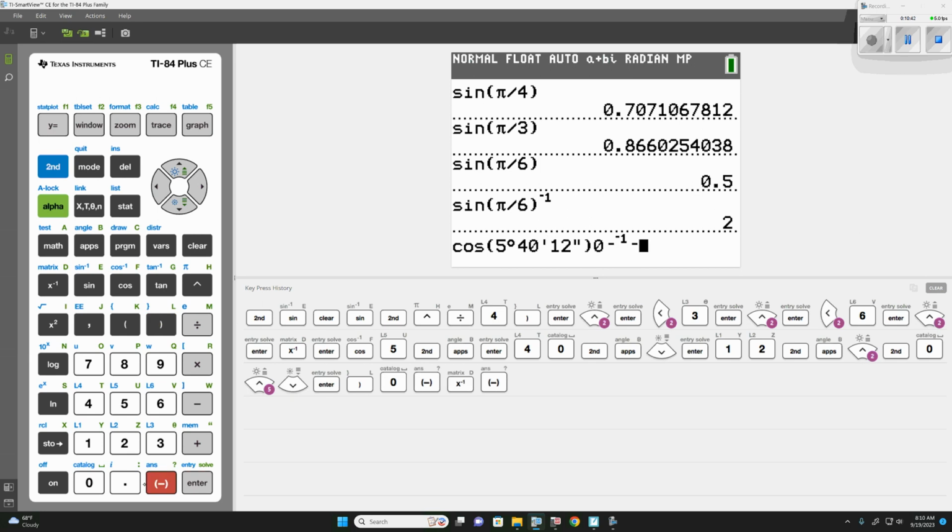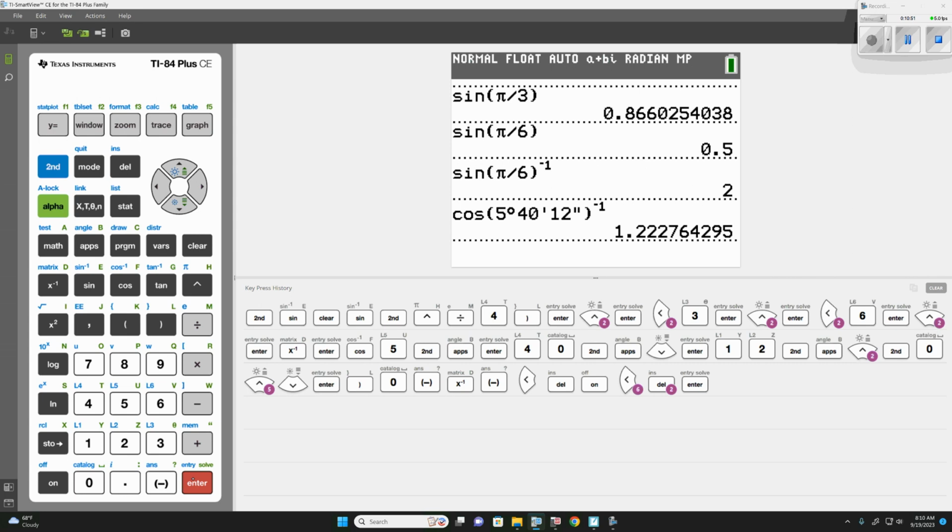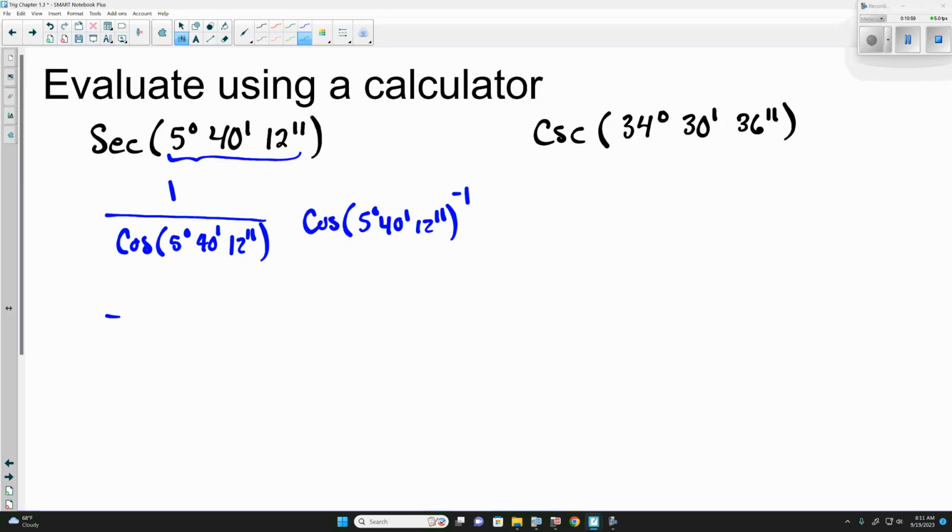And then we put it to the negative 1. I got those extra 2. Enter. 1.2227 or 1.2228 is the answer.